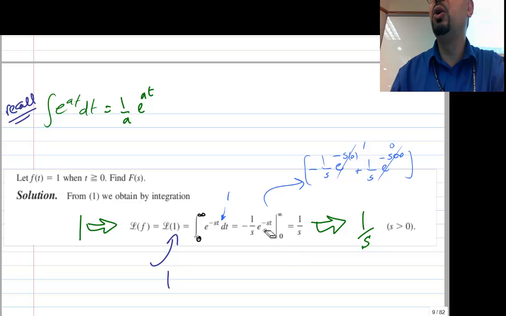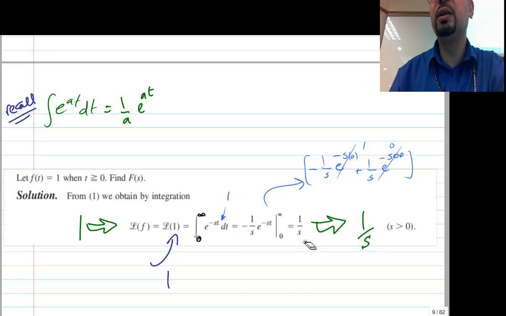Okay, so you substitute at 0, you will get 1. You substitute at infinity, that's what I'm doing over here. So between 0 and infinity, you get basically 1 and you get 0. So it will end up being minus 1 over s multiplied by 1, and 1 over s multiplied by 0. And there is a minus over here.